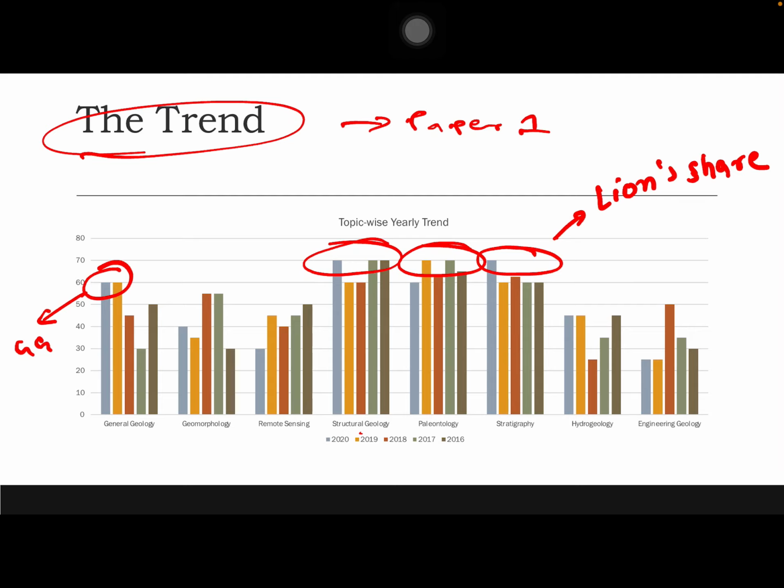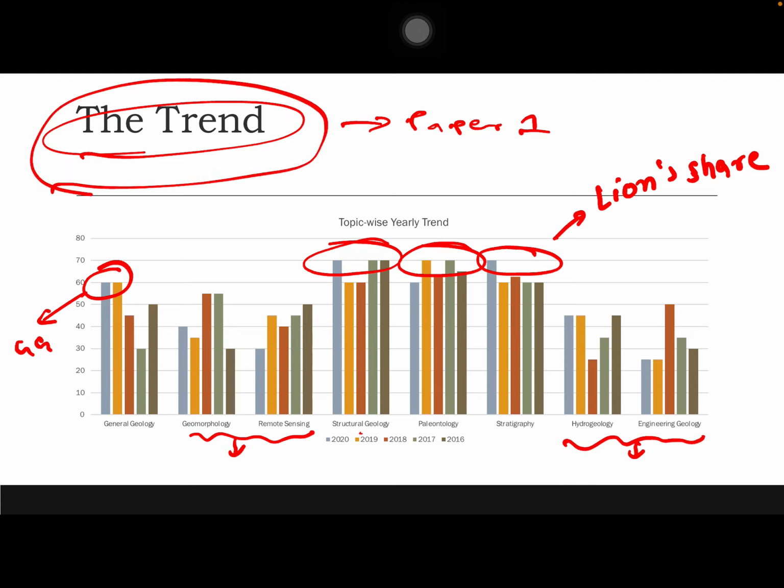Also, we can see that between geomorphology in remote sensing and hydrogeology in engineering geology, there is kind of a trade-off. When one of the topics has higher marks, the other has lower marks. But the general trend that we can predict from this data is that we need to prepare each section well, although we need to lay particular emphasis on these three topics.